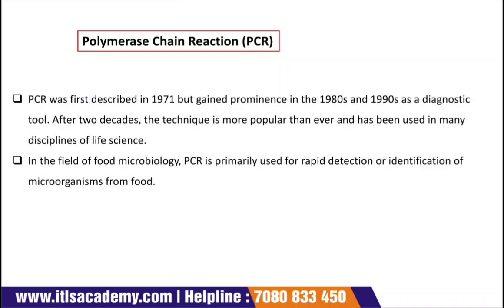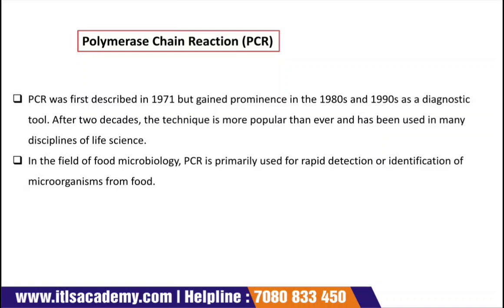PCR was first described in 1971. But it gained importance in the late 1980s and 1990s, and it was used as a diagnostic tool. And after a decade or two, the technique has become more popular than ever, and has been used in many disciplines of life sciences.